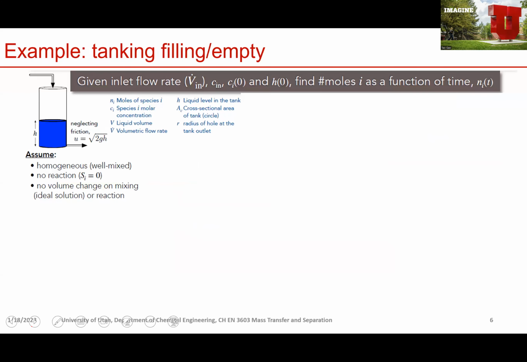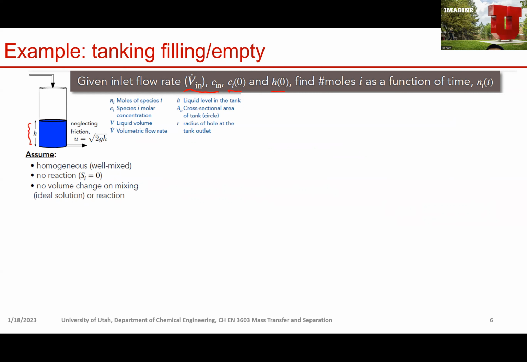The first example we talked about is tank filling and emptying. In this example, we know the inlet flow rate and the inlet concentration of species i, and we know the initial concentration of i and the height of the fluid in this tank.